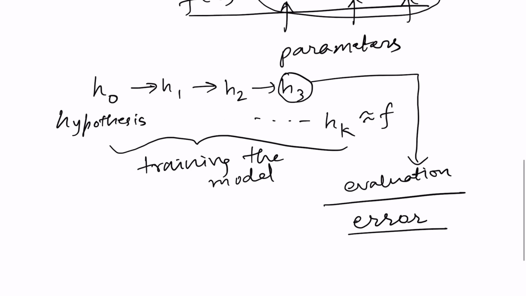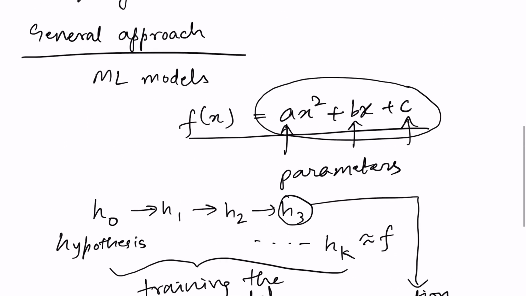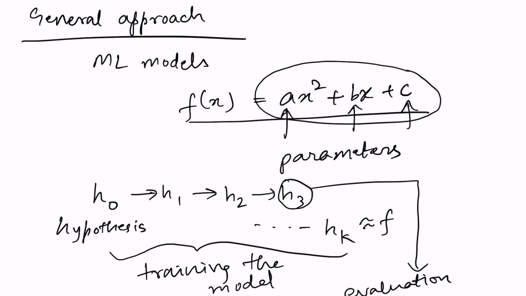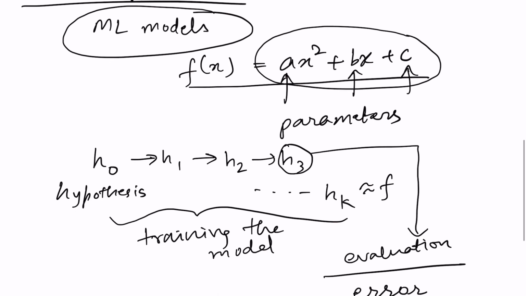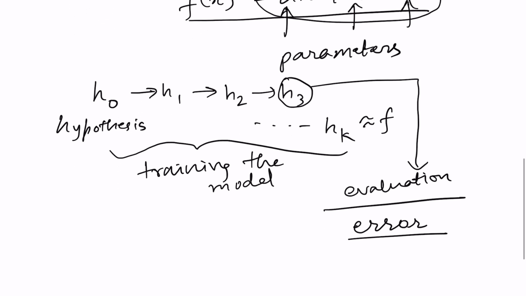So this is the general approach. In this series, we'll talk a lot about various ML models: what the different kinds of models are, when they are used, what the parameters are, how you initialize these parameters and why you initialize them a certain way, and how you train the model. It's important to find a general solution to this problem, the general solution to what the function would be.